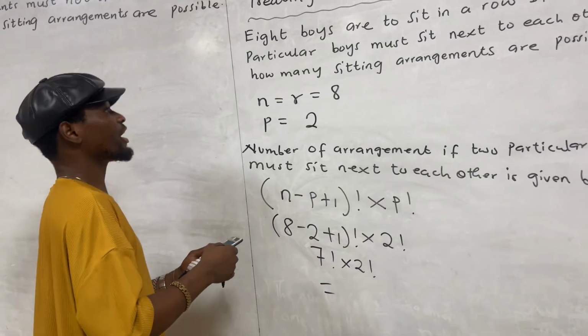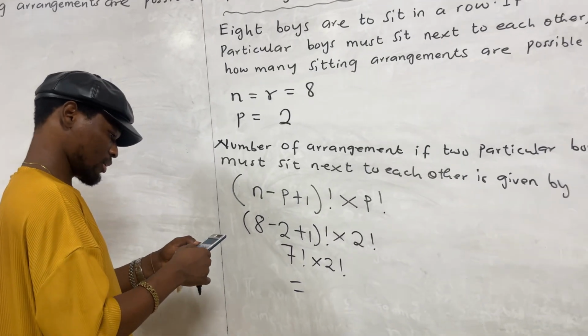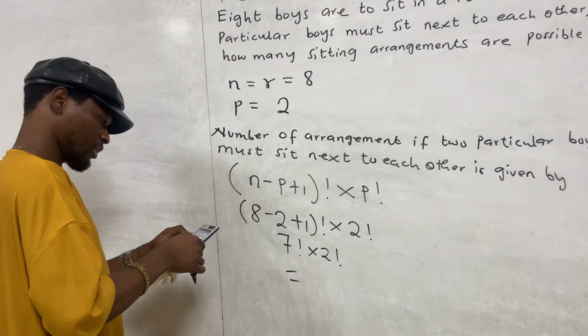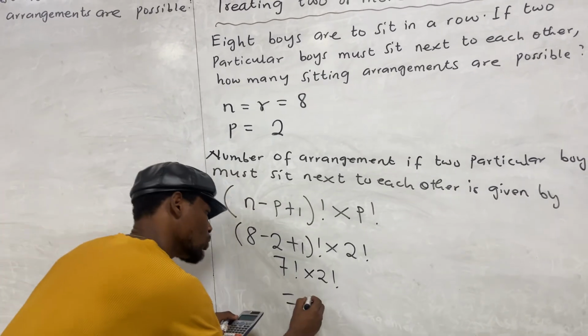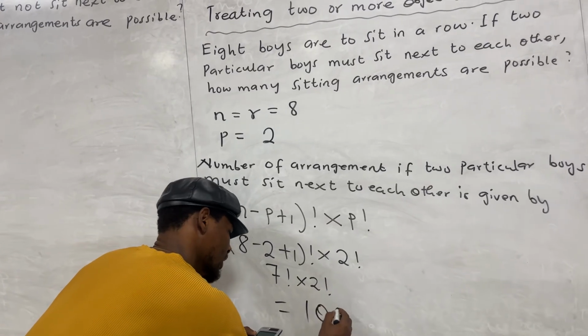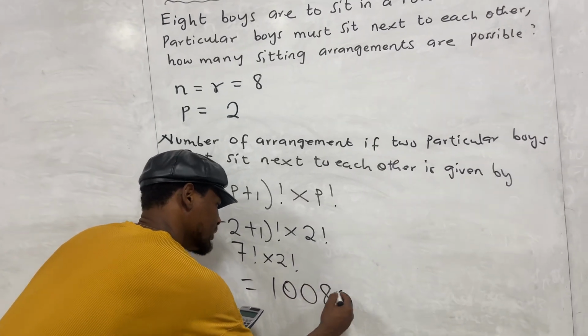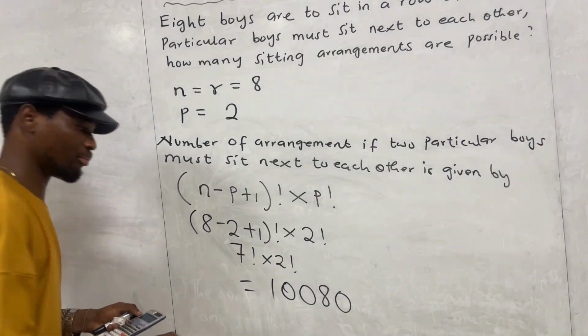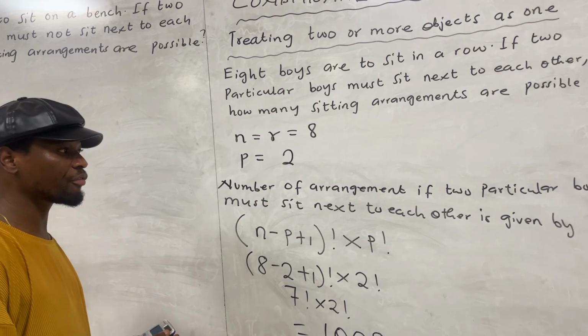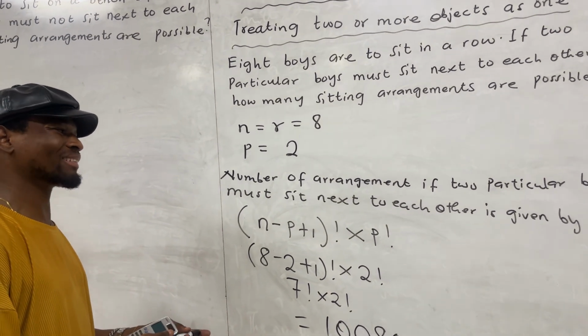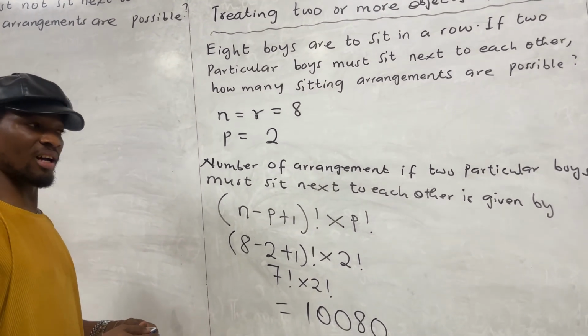By the help of the calculator, 7 factorial times 2 factorial is equal to 10080. As simple as that. So viewers, this is the number of arrangements if two particular boys must sit next to each other.